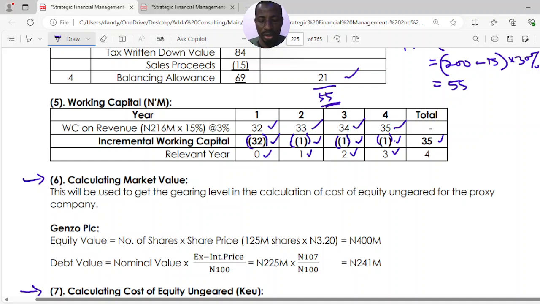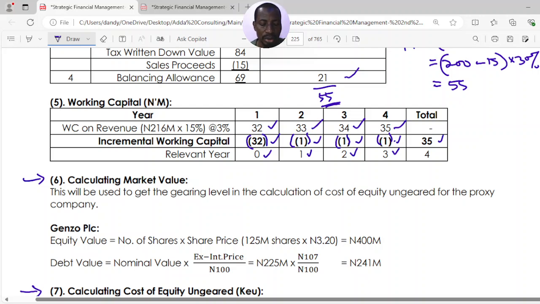We have already done this under cost of capital, so you know it. The market value of equity is number of shares multiplied by the ex-div share price. Again, forget about whether the dividend has been paid or not. We are less concerned with that. Just multiply with share price.